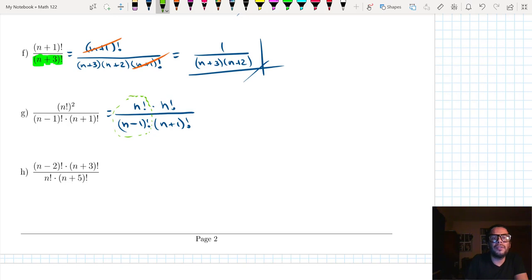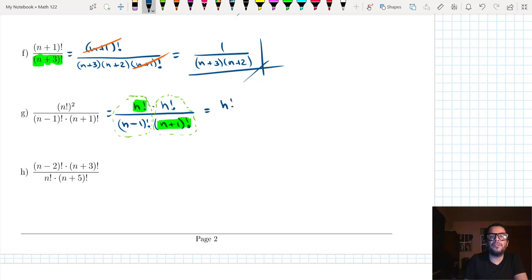I'm going to group these two, and I'm going to group these two. From the first factor, notice that n factorial is the largest between n factorial and n minus 1 factorial. On the second factor, notice n plus 1 factorial is the largest between n plus 1 factorial and n factorial. So I'm going to highlight them, so you can see where they are coming from.